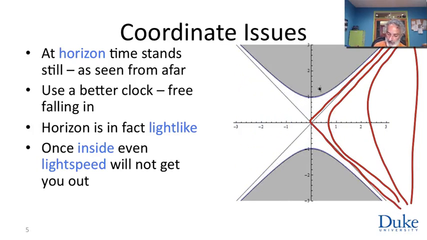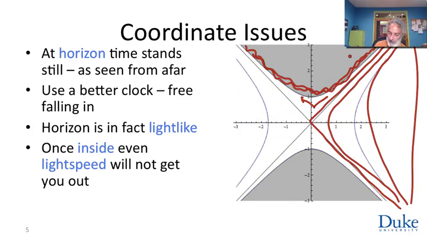And after that, we see something funky happening. The line changing r now is no longer a motion in space. Changing r becomes a motion in time. And indeed, this region over here is something called the singularity. Once you are inside, and we'll talk about its significance, once you are inside the black hole, anything you do, even if you move at the speed of light in either direction, you are bound to land on this boundary here.